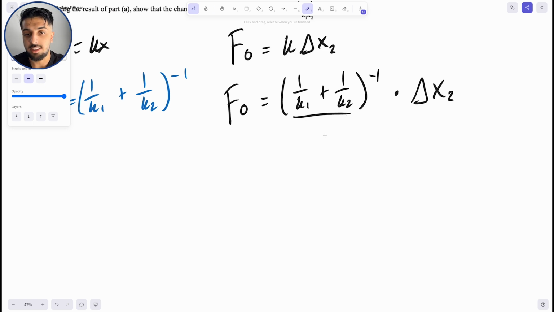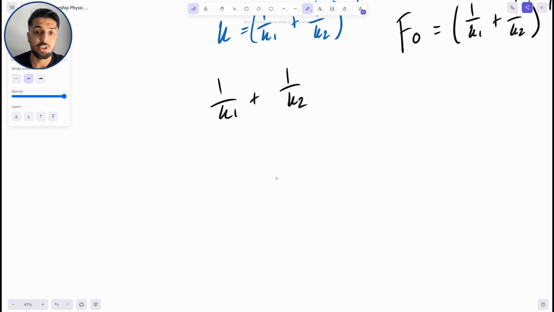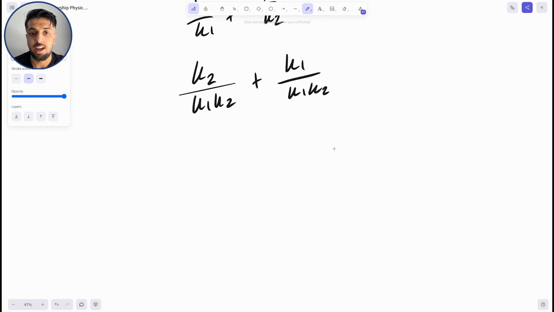Now solving this bracket here for 1 over K1 plus 1 over K2, making it so both sides have the same denominator, we get K2 over K1 K2 plus K1 over K1 K2. And now because they have the same denominator, we can combine both expressions, and we get K2 plus K1 over K1 K2, like so.